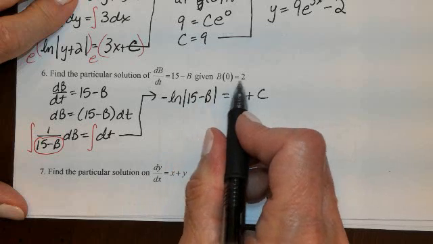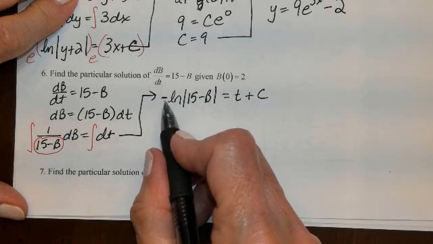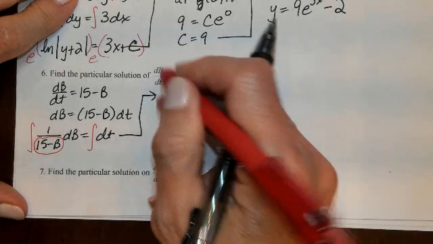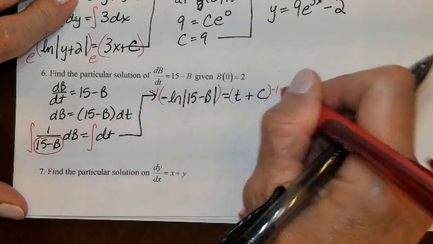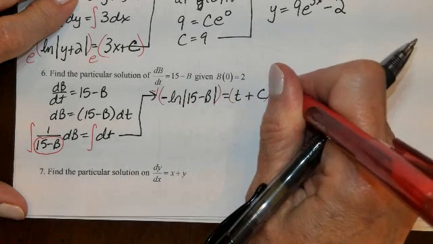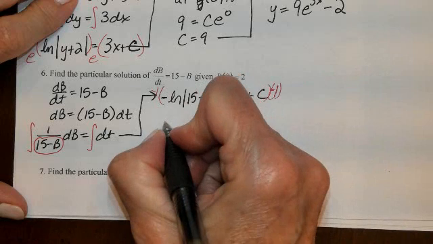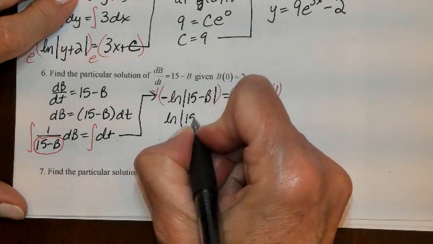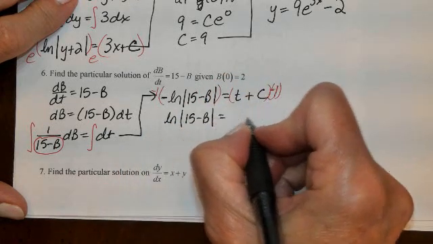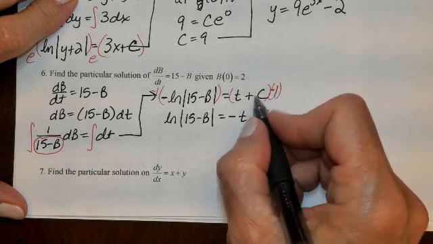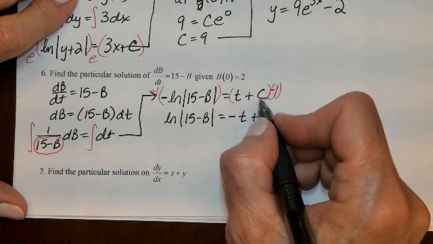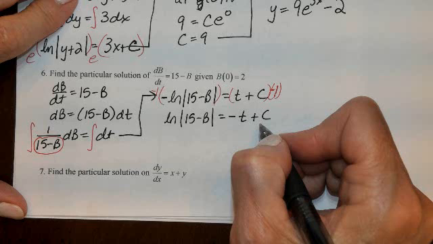I would probably go ahead and multiply both sides by a -1. So I have natural log of that equals -t plus c still, because a -1 times a constant is just another constant.